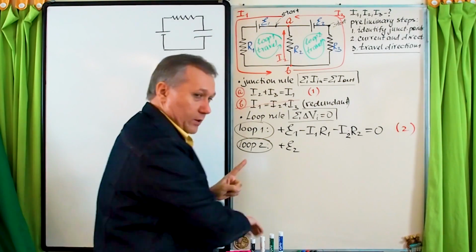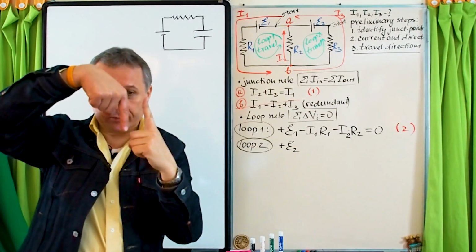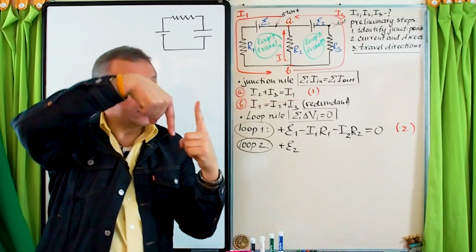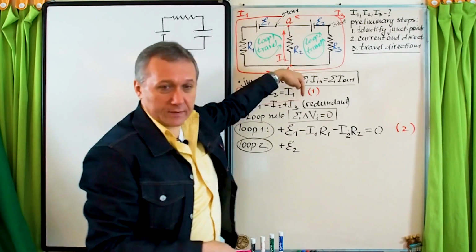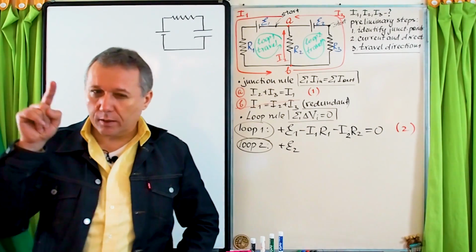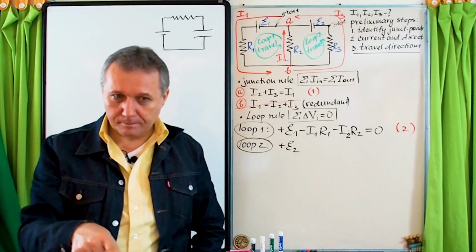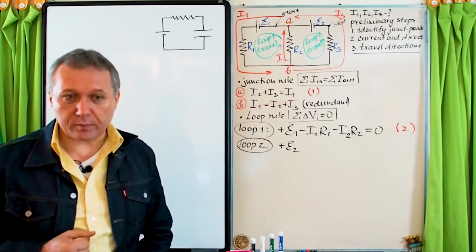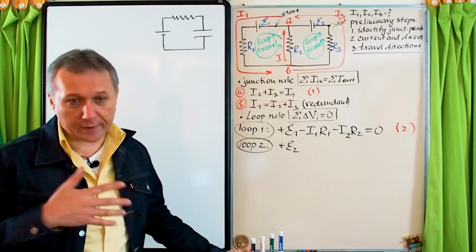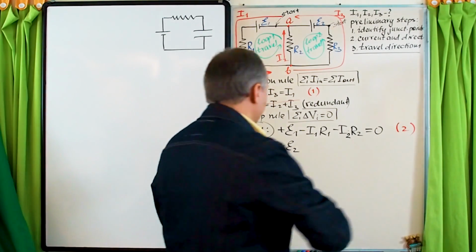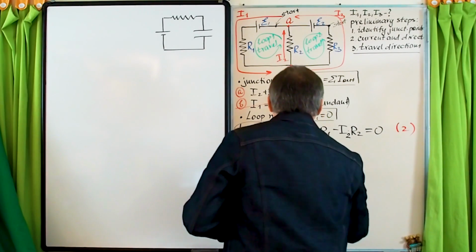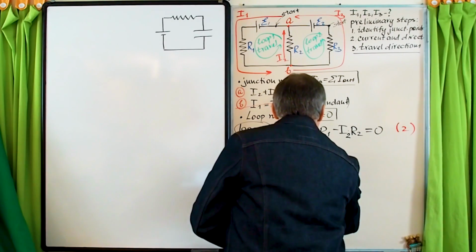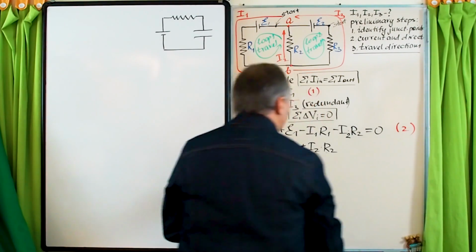So now the directions are opposite. Current is up, travel is down. So the contribution, rule number 4 in your notes, must be positive, the product of current and resistance. So it will be plus I2 R2.